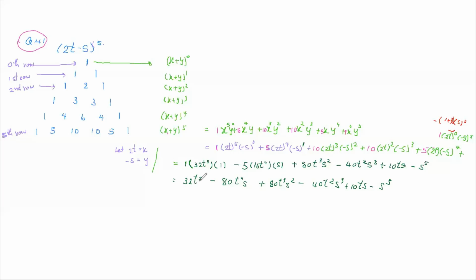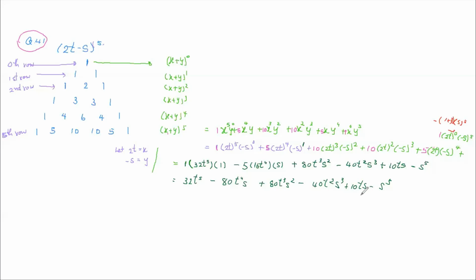So you can see the variable t power 5, power 4, power 3, power 2, power 1, and then t power 0 is a 1. And s power 5, right?